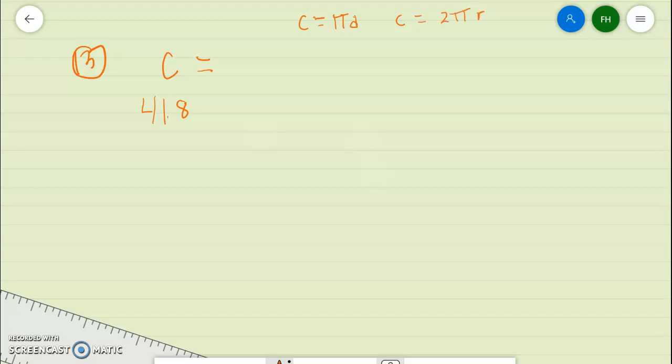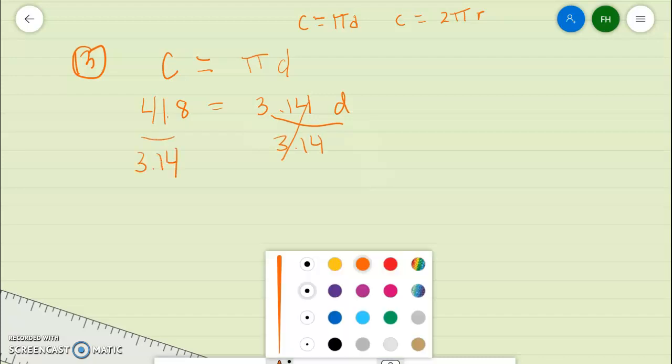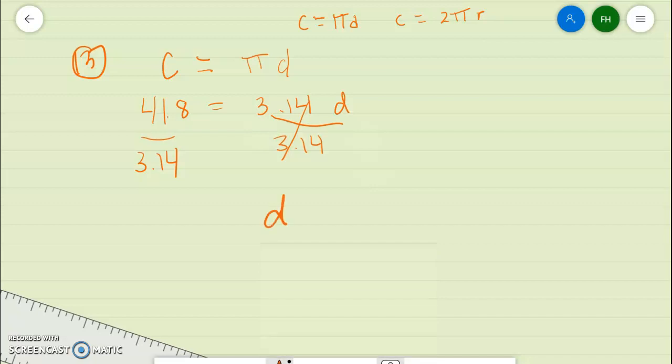So we're trying to find the diameter, so we're going to use that formula, and we're going to do 3.14 times d, solve for d. And your diameter would equal 13.3 and it's feet.